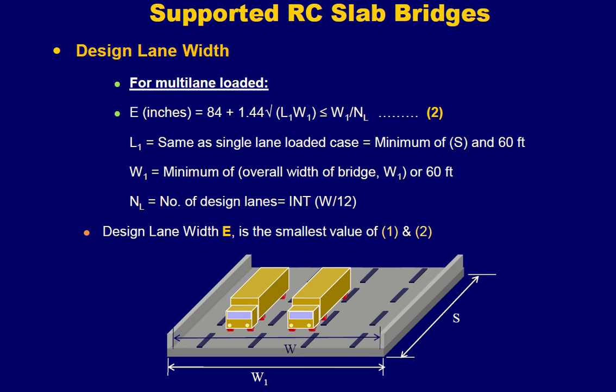NL is the number of design lanes, and it is the integer part of W divided by 12. Design lane width E is the smallest value of equations 1 and 2. So you will analyze it for a single lane loaded and for multi-lane loaded. Equations 1 and 2 will give you two different values, and the smallest of both will govern, and you will take it as the design lane width.